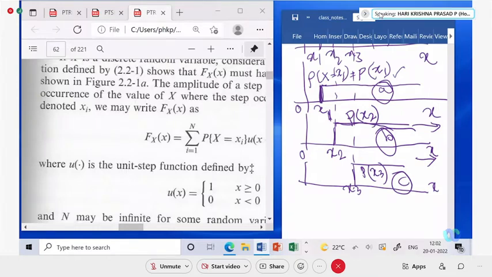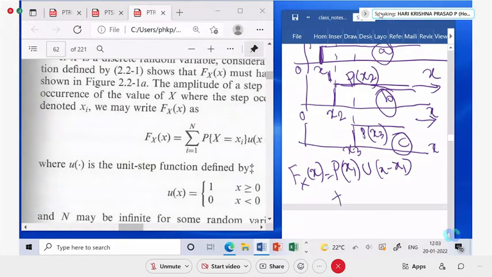Now, to get the distribution function Fx of x, I need to add up all these step functions. How do we show a step function? U of x minus x1. How many such step functions? N such step functions.